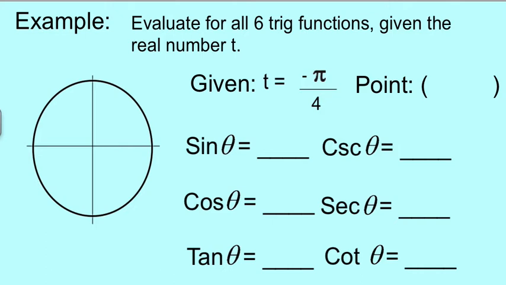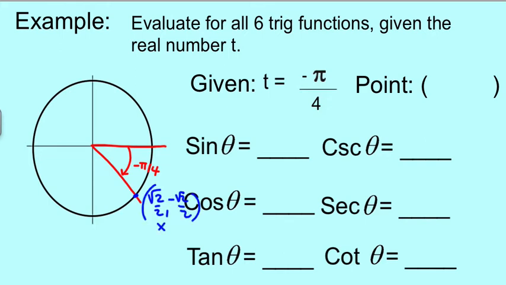Next one, we will give you an angle of negative pi over 4. So here is our 0 degrees. We're going to go in a clockwise direction to negative 1/4. There's your central angle. The point on that graph is the same thing as 7 pi over 4, and that point is square root of 2 over 2, negative square root of 2 over 2.